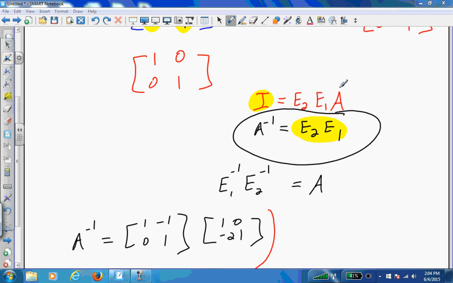But if we cannot reduce A to the identity matrix, if the identity matrix is not able to be arrived at from doing elementary row operations on A, then that means A has no inverse.